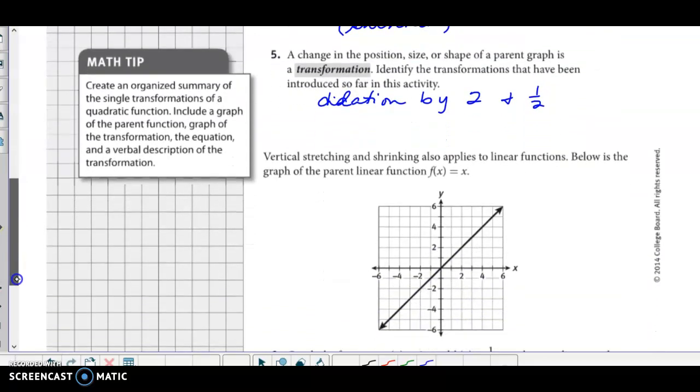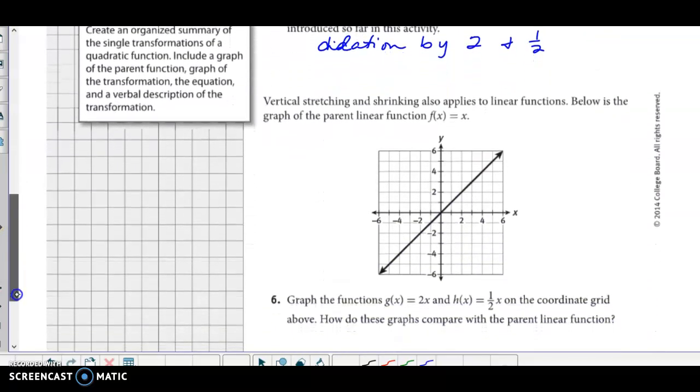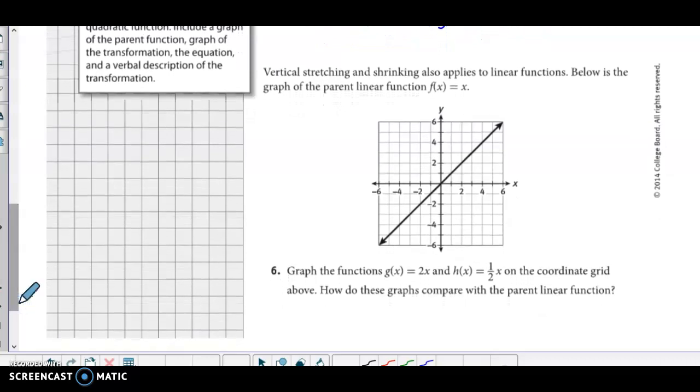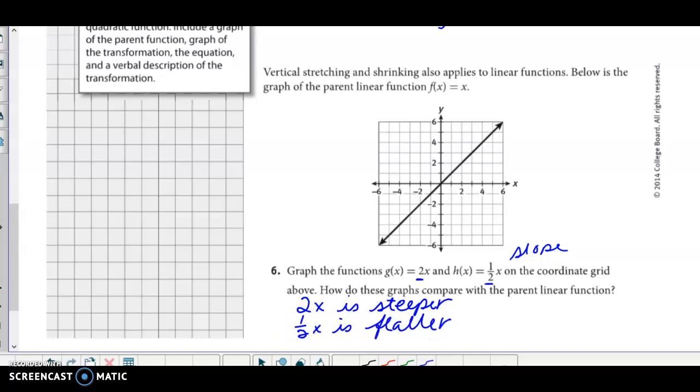So vertical stretching and shrinking also applies to linear. Okay, that's a little harder to see. When we look at it in linear, we're looking at the slope. Okay, so how do these compare to the parent function? So 2x is going to be steeper. We did that way in the first semester. And 1/2 x is going to be flatter.